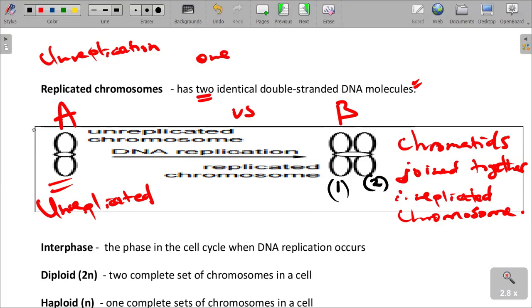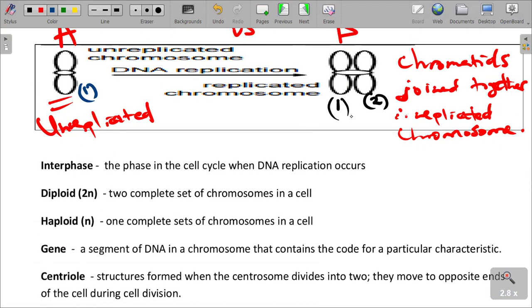So unlike in diagram A, we only have one piece here, which is alone. But piece two ties together two pieces of one, which results in B being what? A replicated chromosome. It results in a replicated chromosome that you are seeing there.